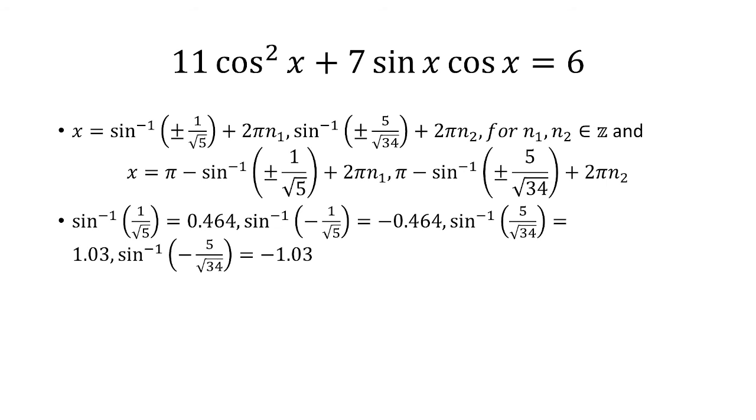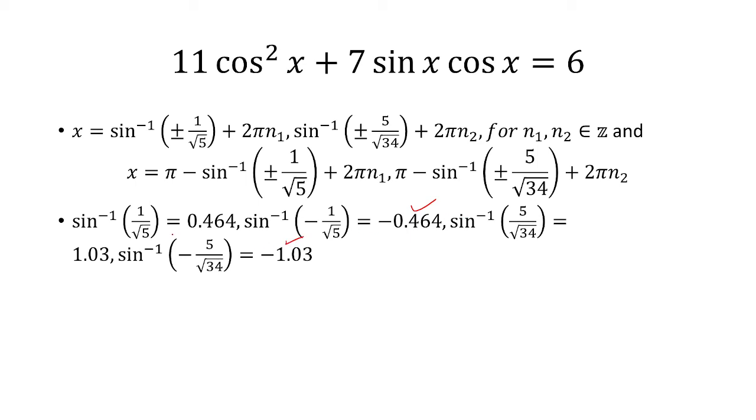Okay. So now what I do is I calculate the inverse sine of each one of these. So the 1 over root 5, negative 1 over root 5, plus or minus 5 over root 34. So when I do this, I want to make sure I'm between negative pi and 0. So like this one and this one works.